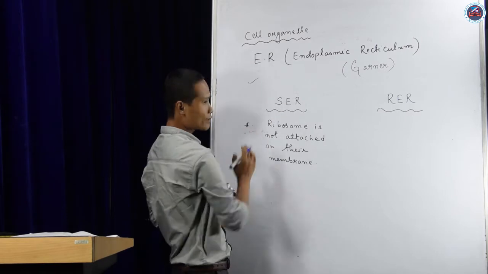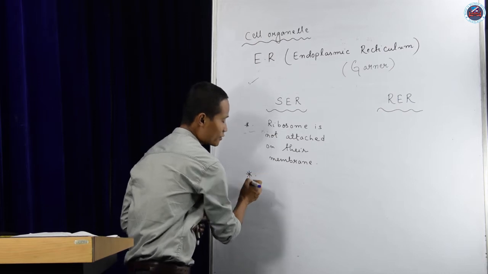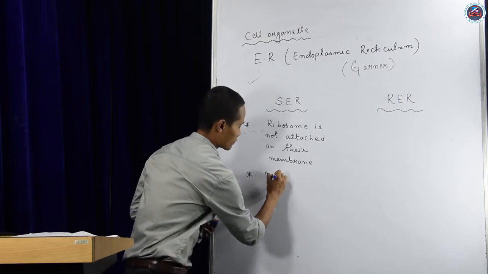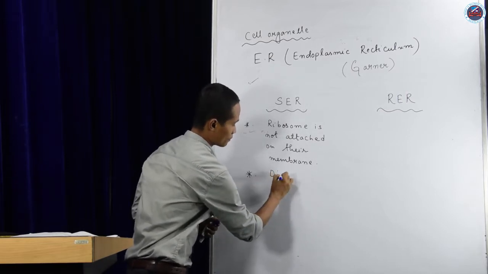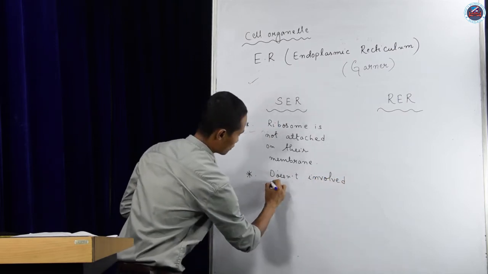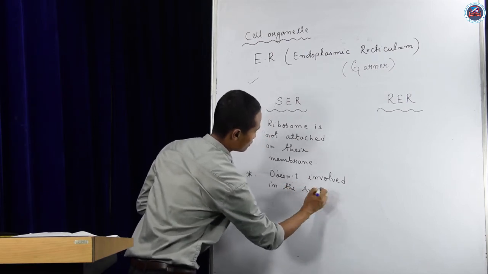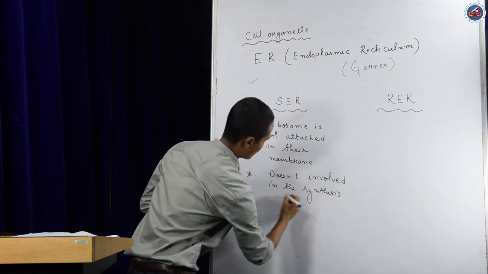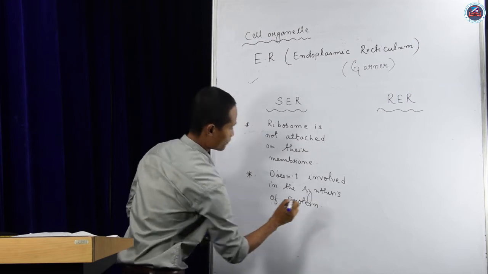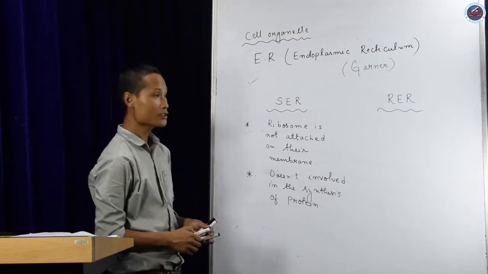Because of this reason, smooth endoplasmic reticulum does not help in the synthesis of proteins. But since it is not involved in protein synthesis, what is its function then?